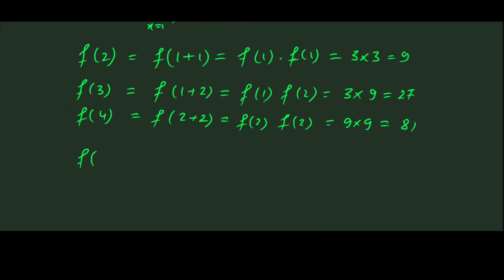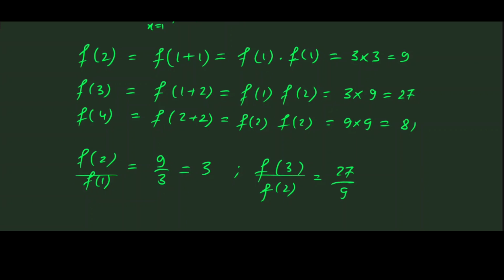Here we can see that f of 2 by f of 1 is 9 by 3, which is again 3, and f of 3 by f of 2 is equal to 27 by 9, which is again 3.